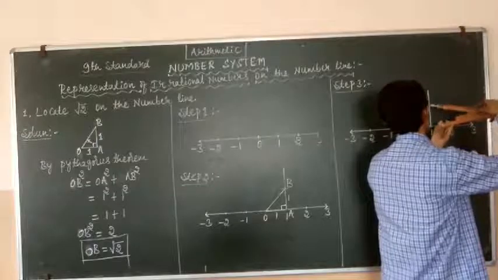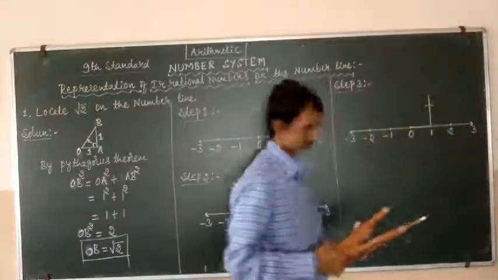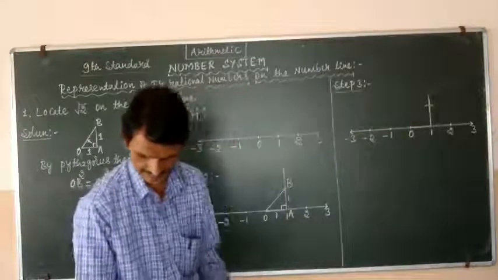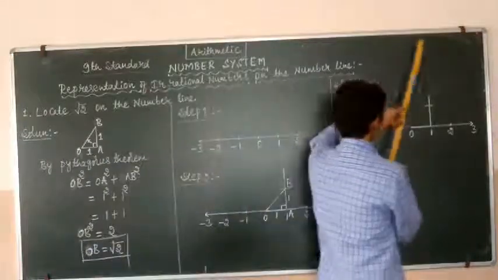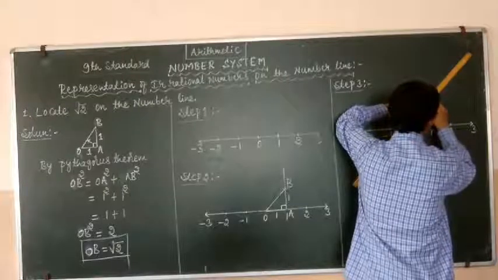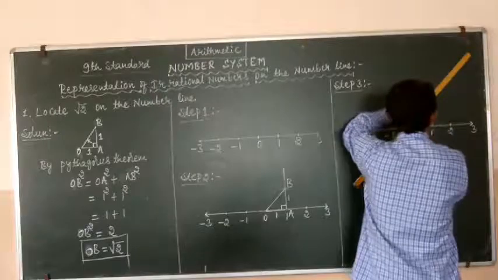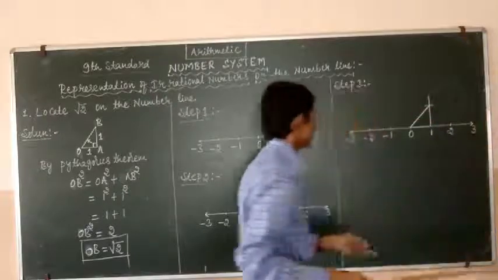Here once again I am constructing the right angle triangle, to show a clear way to represent it on the number line.